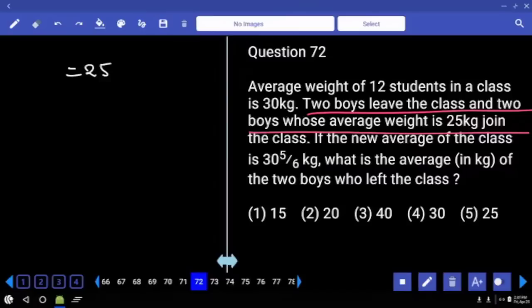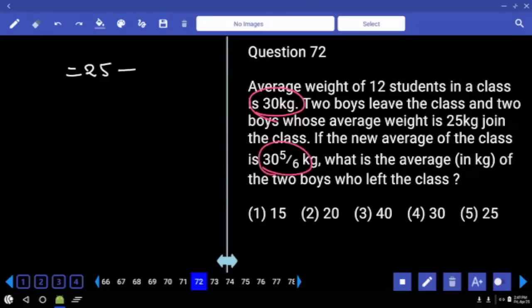But the average changed, right? With old people, is the average more or less? Less. Hence the average of old people will definitely be less than the average of new people. How much is the change in average?